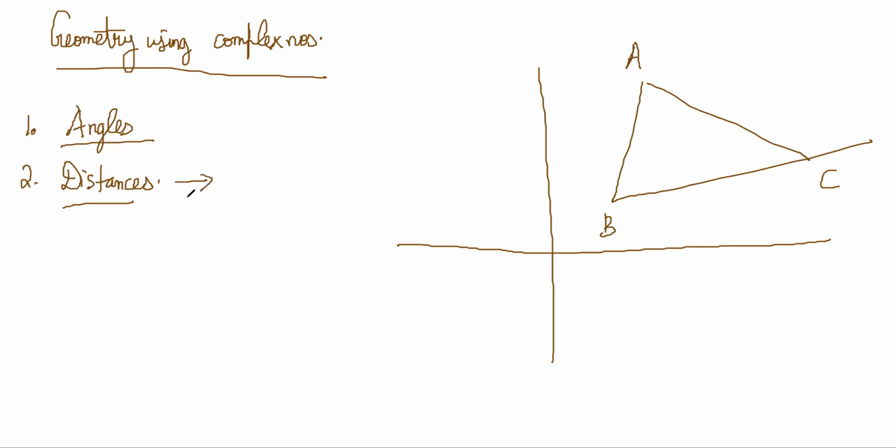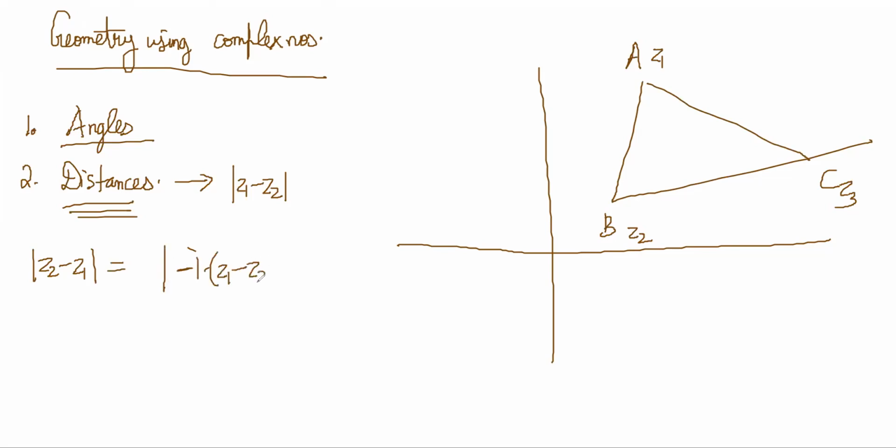Distances we have already figured out how to write using complex numbers. If someone asks what is the length of side AB, I will simply write mod of z1 minus z2. Actually, you should write z2 minus z1, but that is the same thing because it is mod of minus 1 into z1 minus z2.